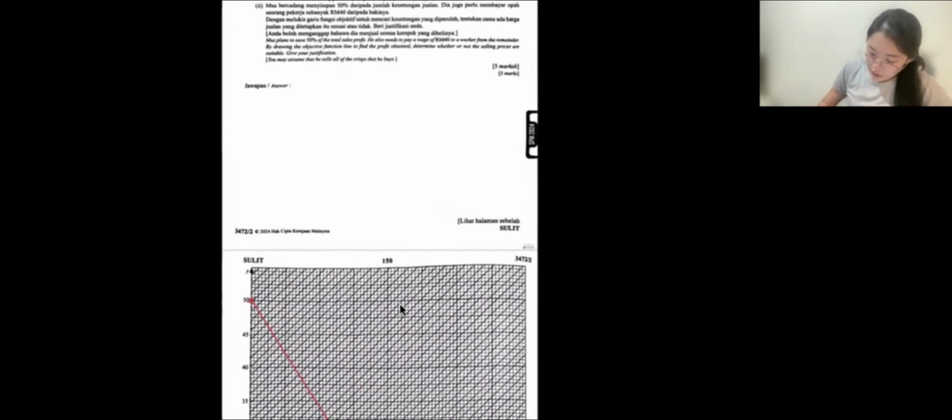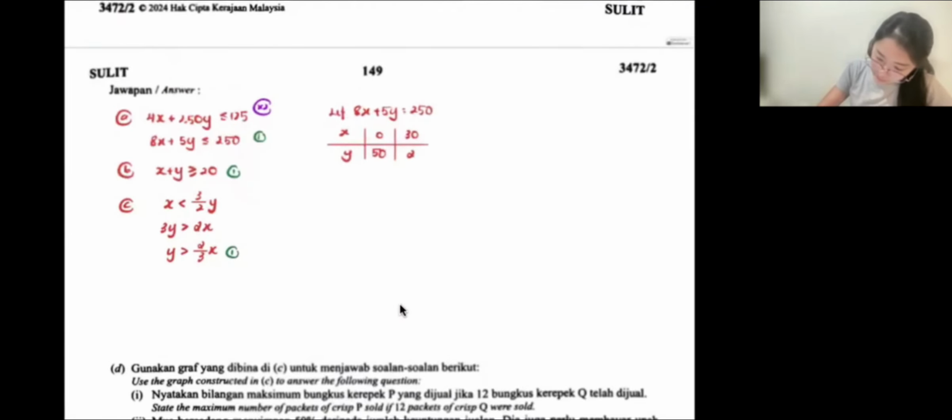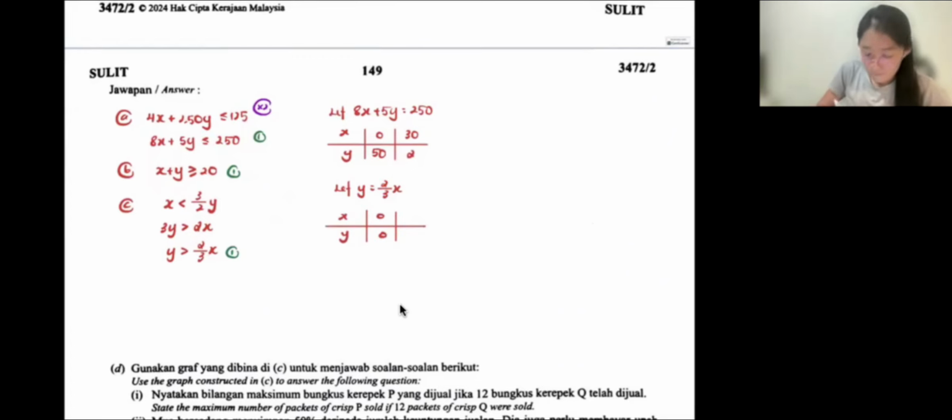Then the third line. Come back here. Let y equals to 2/3x. Same thing, table. x, y. When x is 0, y is 0. Then you choose a point. Let's say I use 30 since you can divide by 3. So this will be 20. 0, 0, 30, 20.